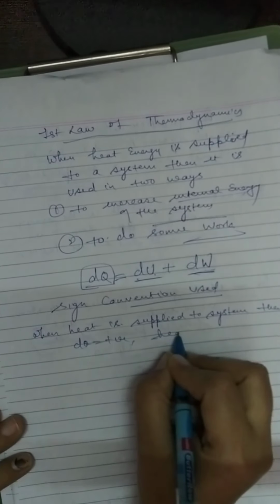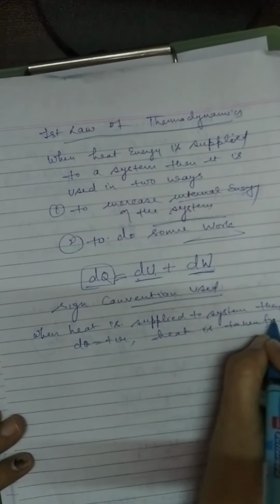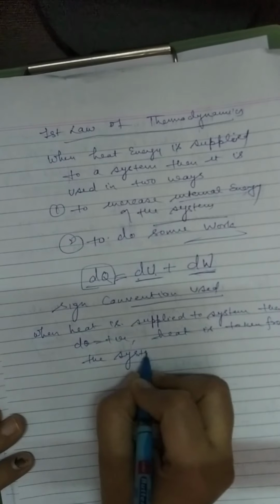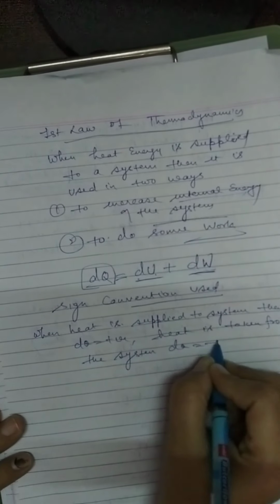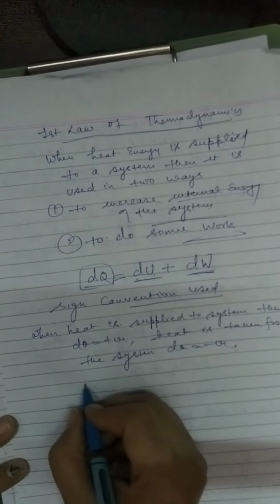If heat is taken from the system, dq is negative.